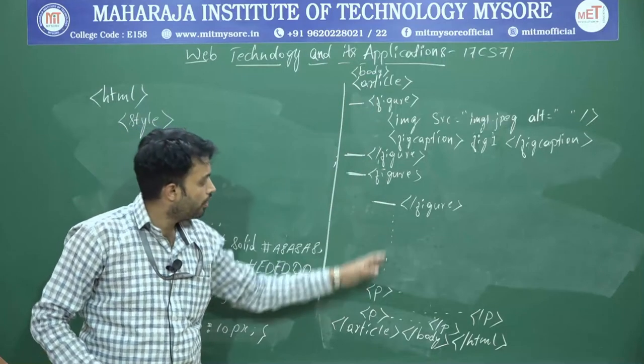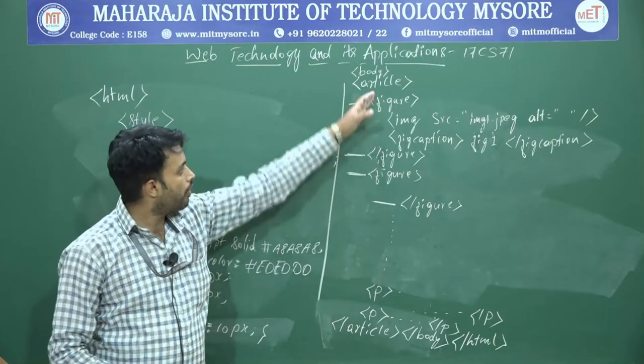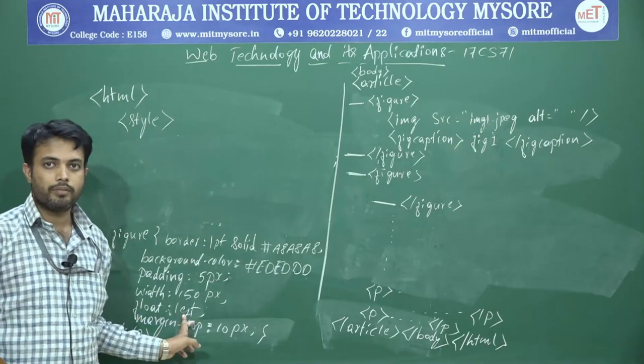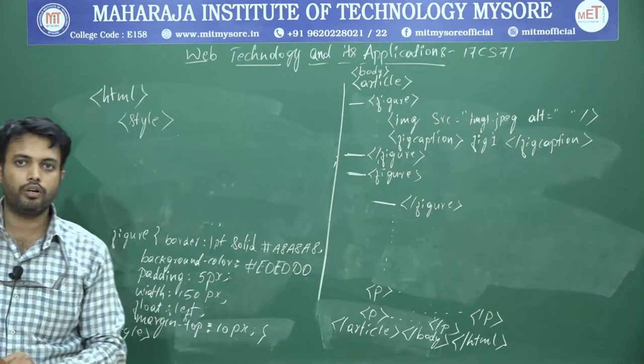That means here we had 6 figures, right? So all 6 figures will be floated to the left side. So you can observe that in our output.